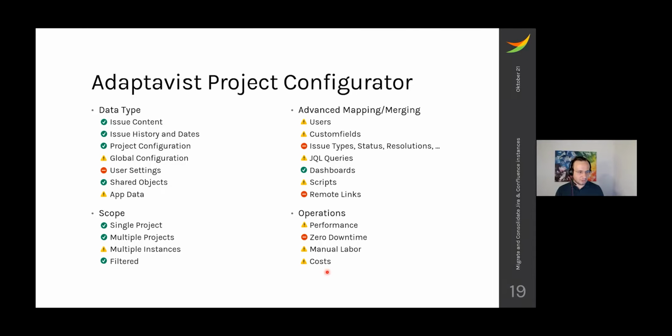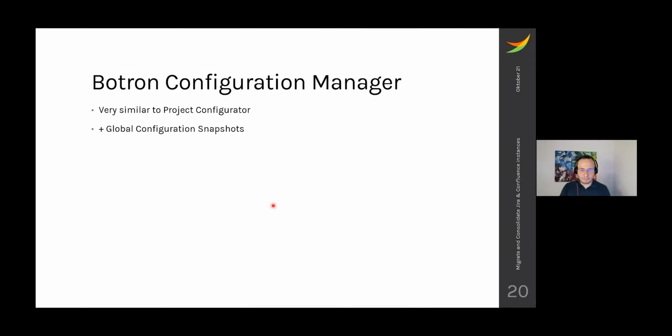Next, we have Botron Configuration Manager, which is, from its concepts, very similar to Project Configurator, but there's global configuration snapshots. So there's a little bit more than Project Configurator does. And there's a second add-on on the marketplace called the Power Admin from Botron, which allows you to prepare your data, like renaming custom fields and fixing GQL and stuff.